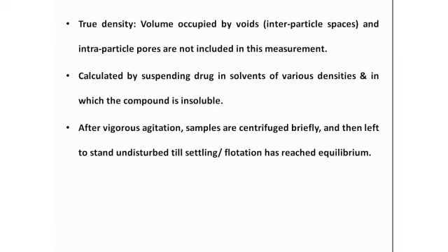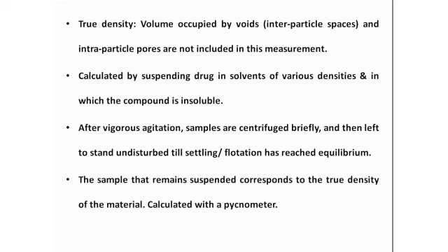When the drug settles down in the centrifuge tube, you will have two layers. The bottom layer will be the dark layer, the sedimented drug particles. The upper layer will be the volume of the solvent, right? And if the drug is floating, then at the top you are going to get the creamy layer of the powdered drug, and at the bottom you are going to get the layer of the solvent, right?